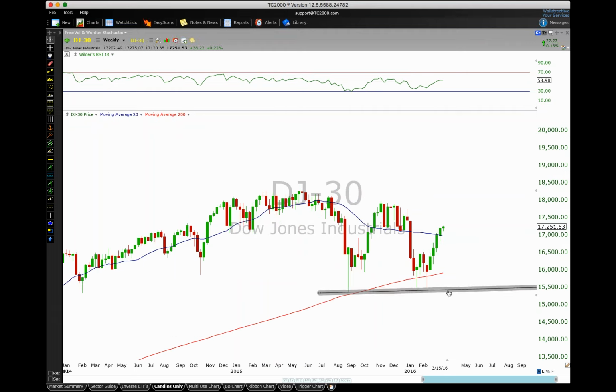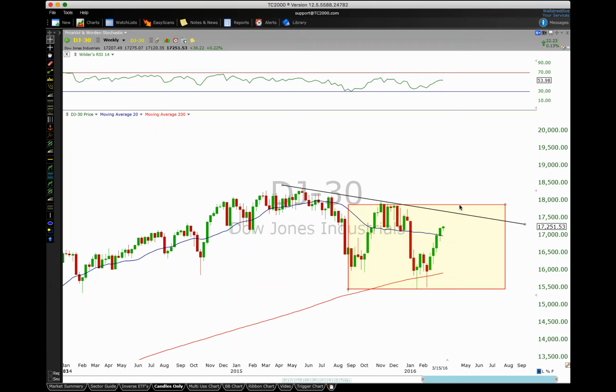There are certain things that do take place when you have your low and then your high. That creates a consolidation box. And if our trend line breaks, that's sitting right here, there is going to be heavy resistance right here.